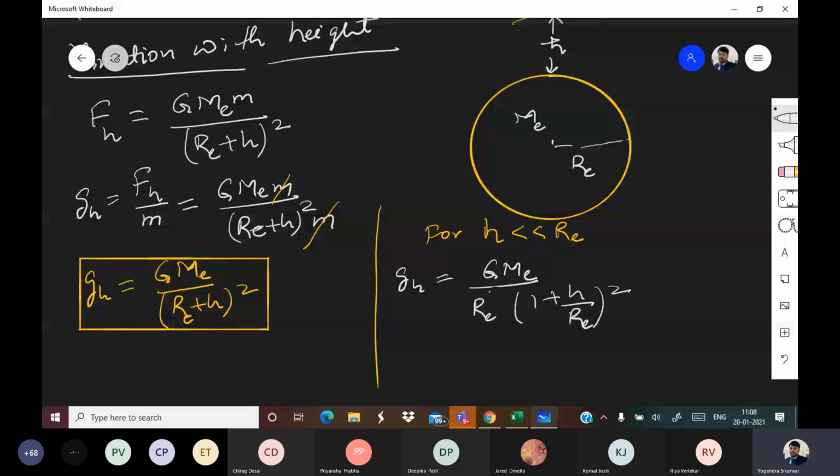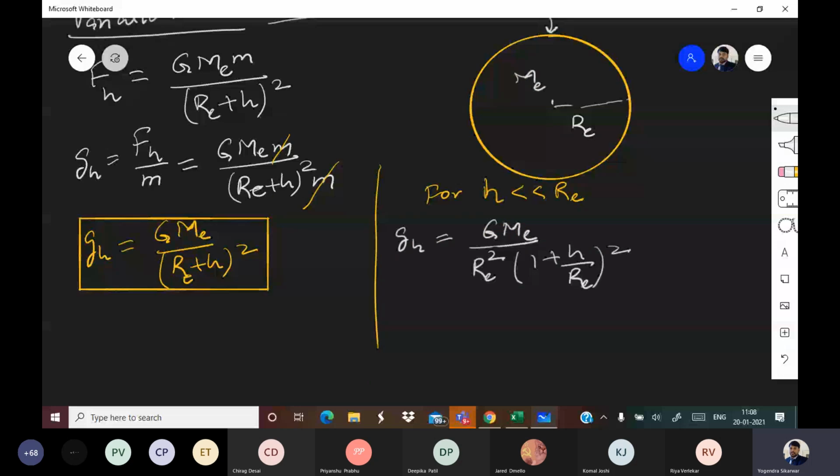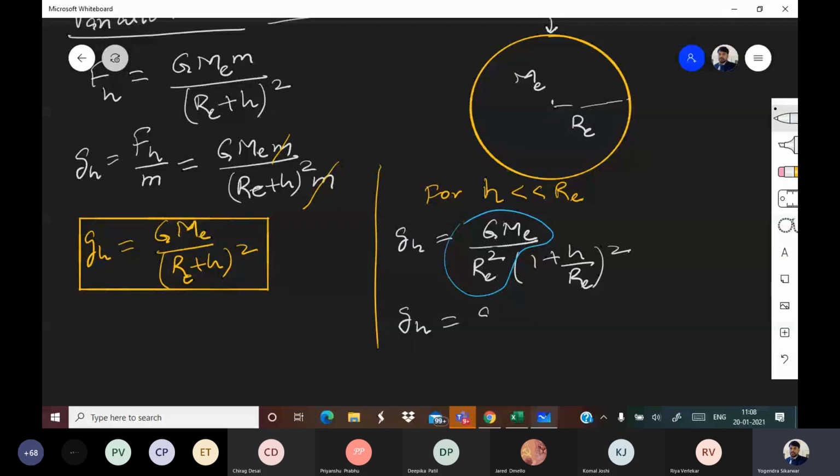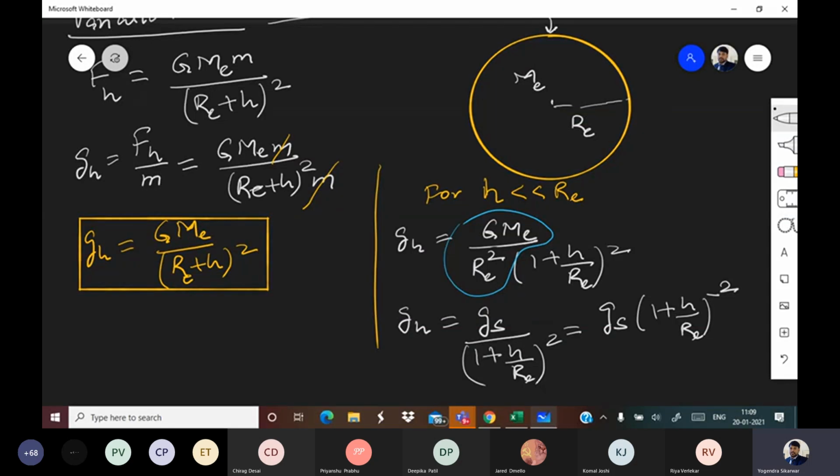Now this G ME upon RE square, do you recognize this? It is nothing but GS. So GH comes out to be GS upon 1 plus H upon RE whole square. And I am going to write this as GS into 1 plus H upon RE to the power minus 2, because I have taken that term in the numerator. So if you are taking it that way, the power will become negative, right?